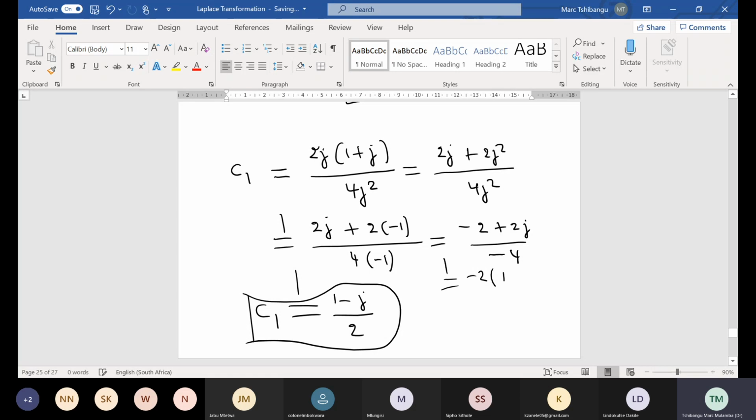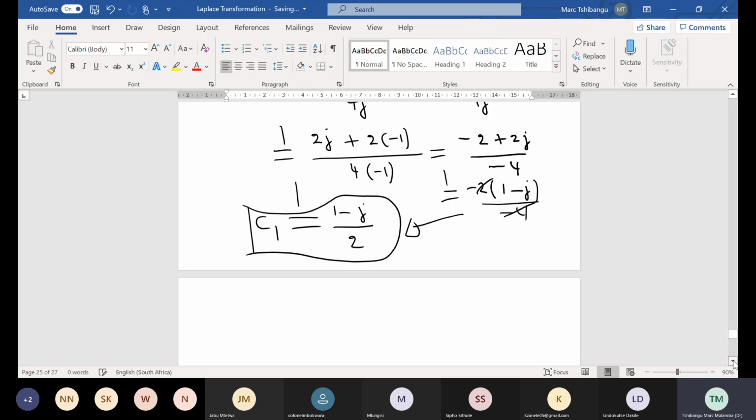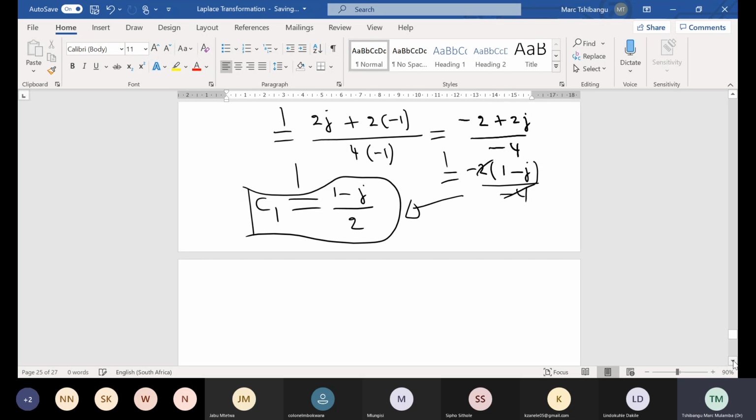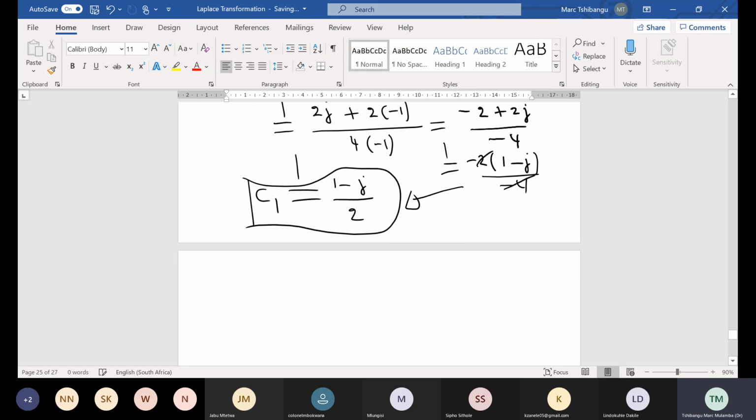Remain with 1 minus j over -4. Cancel, remain with 1 minus j over 2. So at least everybody has seen how to compute the constants when dealing with complex roots. So compute C2, similar approach. Please do it at home.